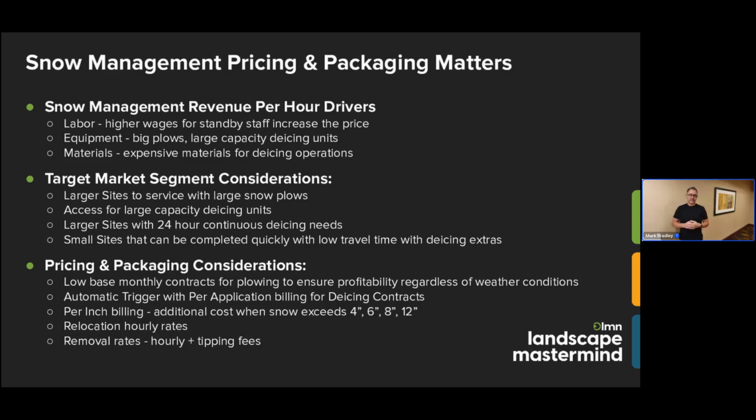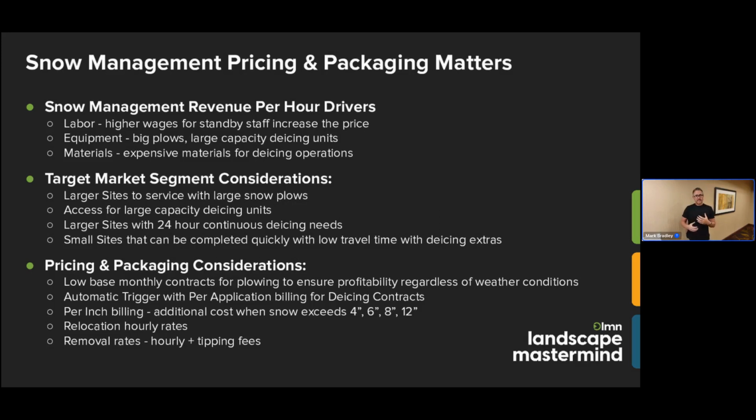And so definitely finding the right market and the right type of properties has a lot to do with revenue per hour, but then also how you're pricing it and packaging your work, I think has a big impact on the revenue per hour and a huge impact on your ability to really sell at scale and really grow the snow business.